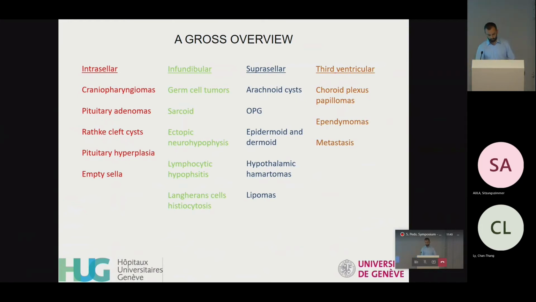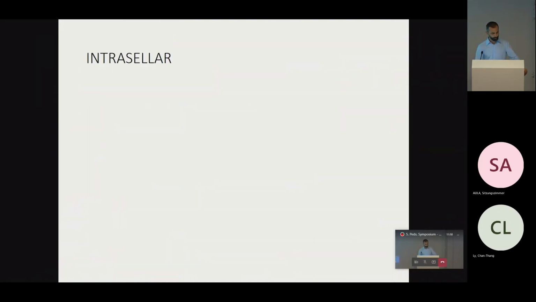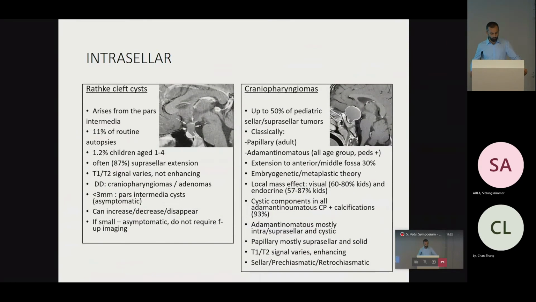Then there is a bunch of other rare pathologies which we won't talk about, but we just need to know that they exist. And I try to give a differential diagnosis that goes together with the other lesions.